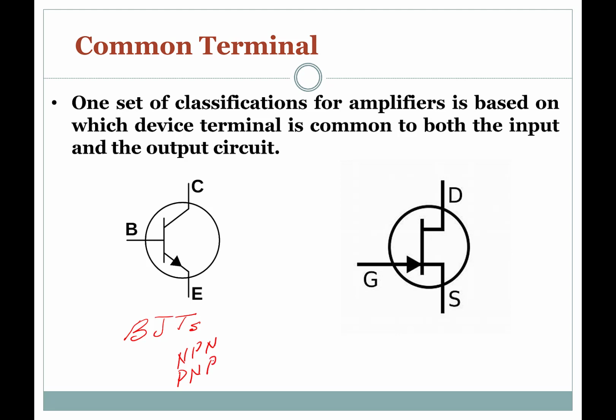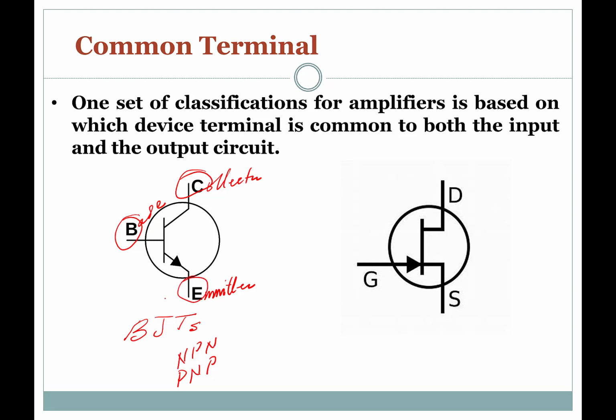Now you would remember that we have three terminals for the BJT, that is the collector, the emitter, and then the base. So amplifiers that are built out of BJTs could be classified based on their common terminal, whether the base is common, whether the collector is common, or the emitter is common.